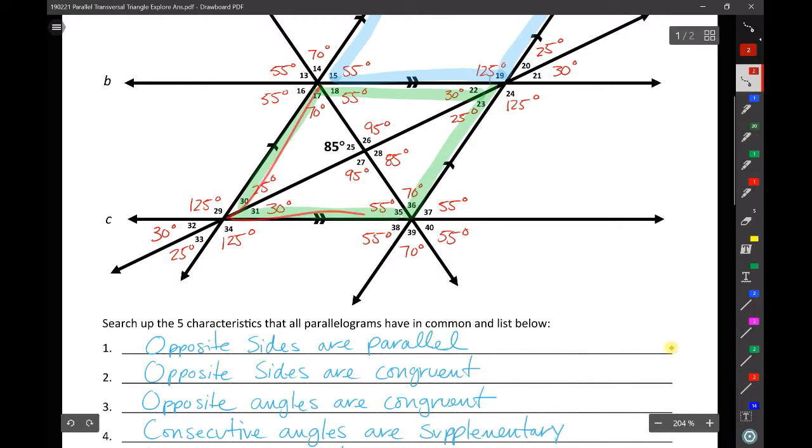Actually, this triangle right here that I'm highlighting on the screen is a special kind of triangle. I want you to notice something. This angle down here is 55 degrees. This angle over here is 55 degrees. And this angle up here is 70 degrees. Now, we talked about a special kind of triangle the other day where you have two base angles that are congruent.